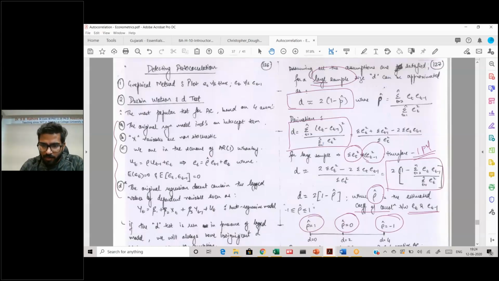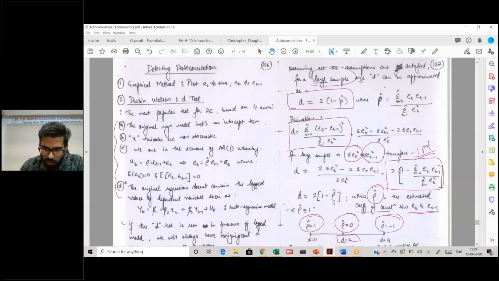And see, try to put in values. If you put the value of 0 here, where you are saying that there is no autocorrelation, the value of d comes out to be 2. So when your d statistic is close to 2, you can assume that there is no autocorrelation in the data.